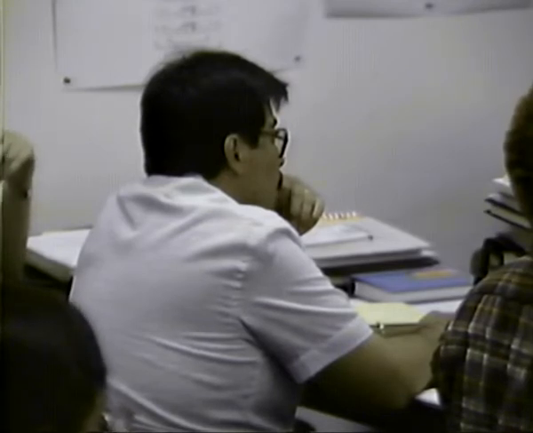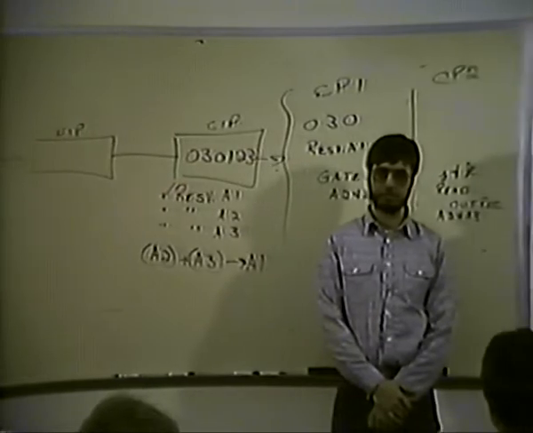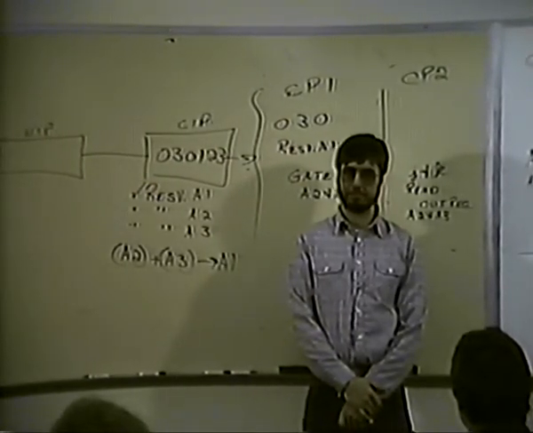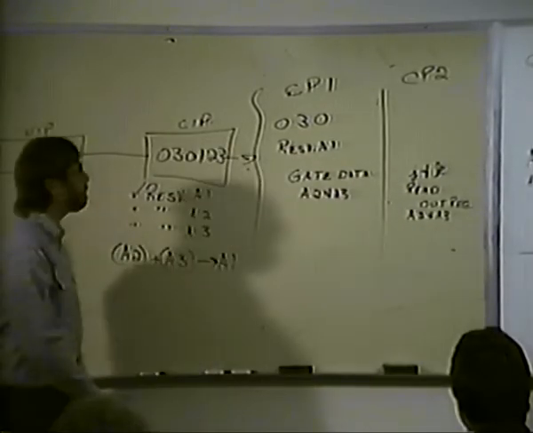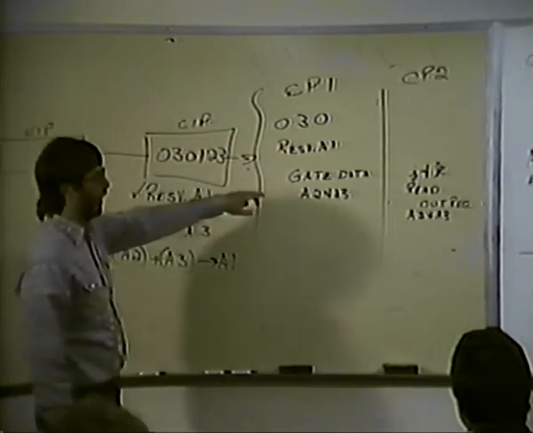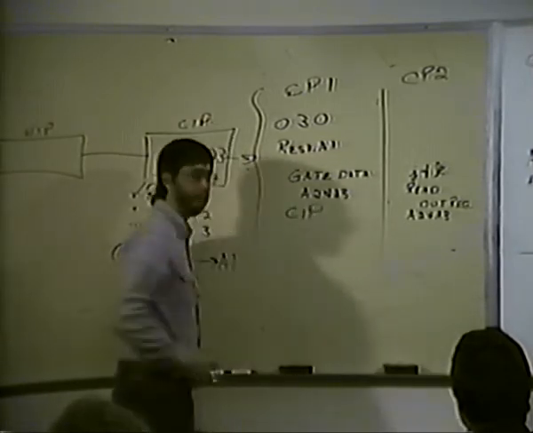Well, what about this A1 reservation here? How long do we have to reserve this? I'm getting a lot of different answers here. Let's do this once. Let's say at clock period 1 of this one, we've got another instruction in CIP, don't we?